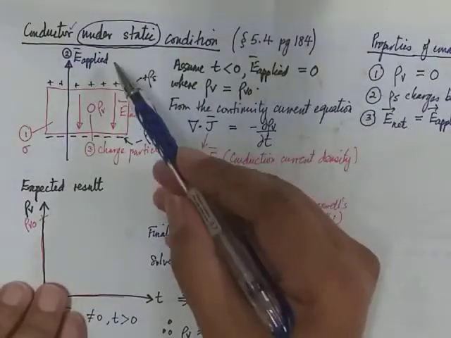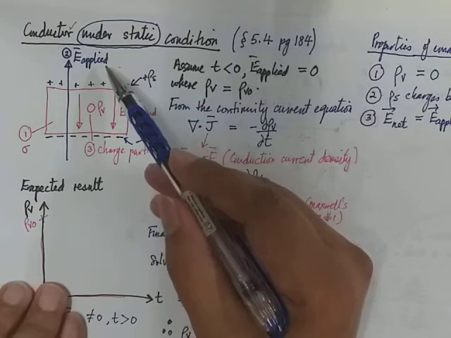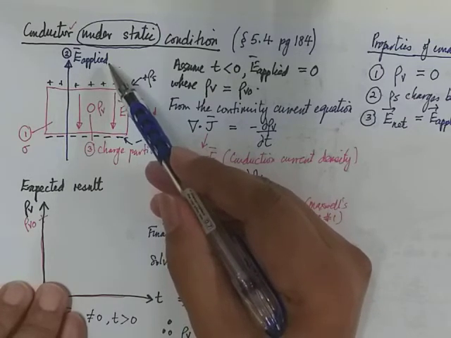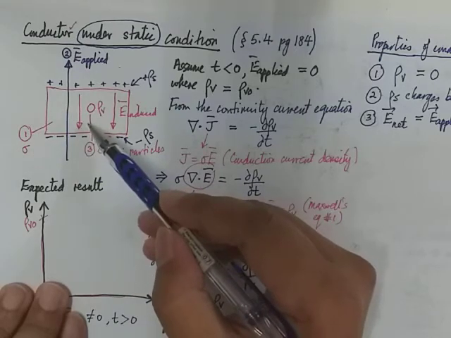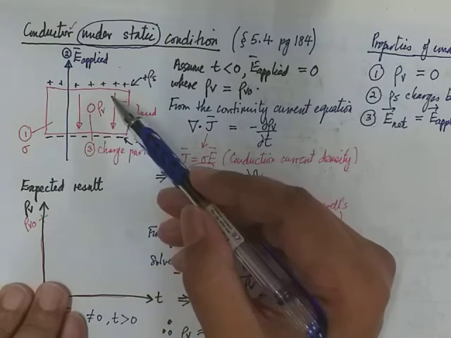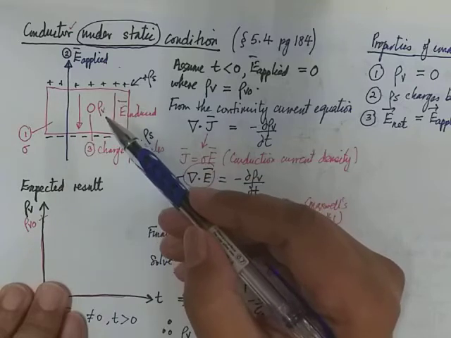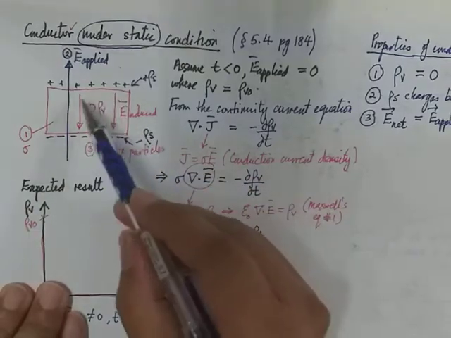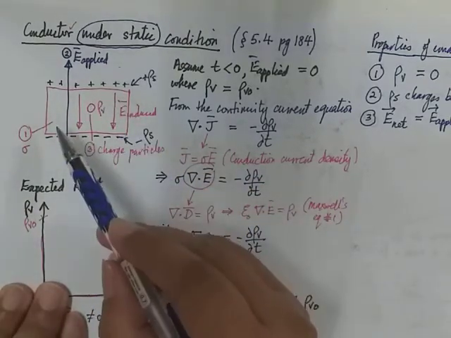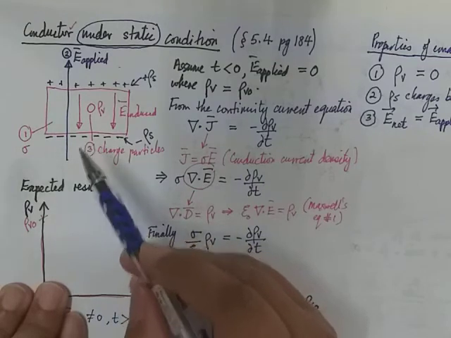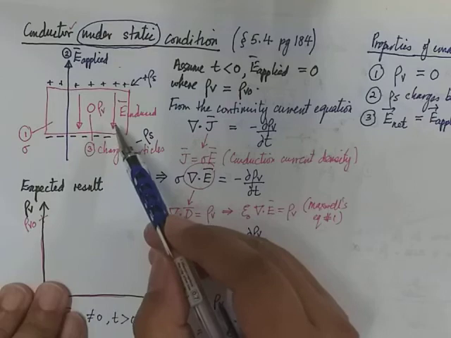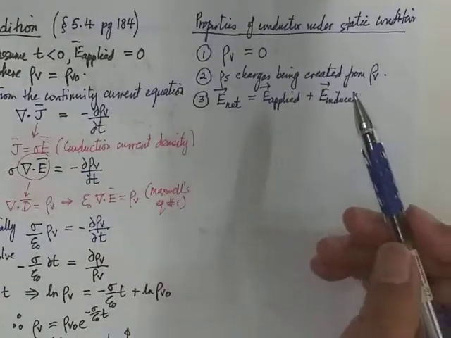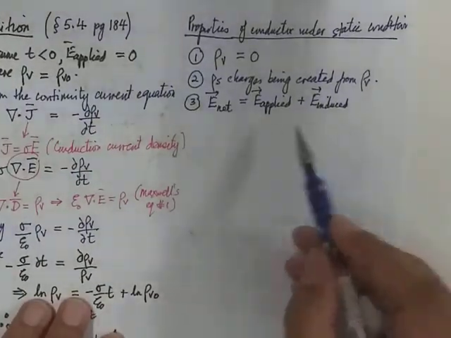The E applied is the original field that we directed to the conductor, and then the volume charge becoming surface charge produces a new field, which we call E induced. So in the region of the conductor there are two electric fields, electrostatic applied and electrostatic induced. Therefore the E net should be the sum of these two fields.